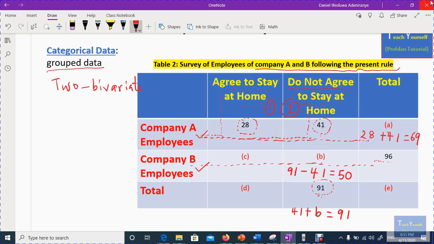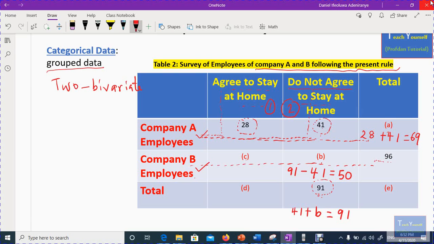Okay, now we are progressing. We've gotten A, we've gotten B. How can we get C? Let's look at where C belongs. C belongs to the row of company B employees, and C belongs to the column of agree to stay at home, this column 1. How can we get this information out?